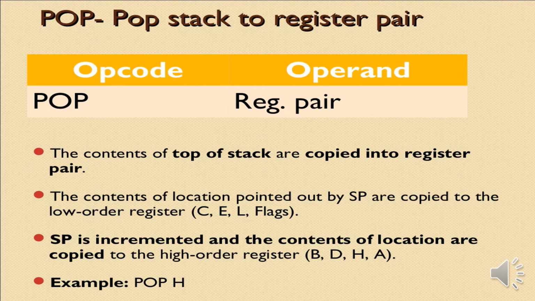Example, POP H. The content of the top of the stack is copied into the register pair. The content of the location pointed by the stack pointer is copied to the lower order register C, E, L, flags, and SP is incremented and the content of the next location is copied to the higher order register B, D, H, A.